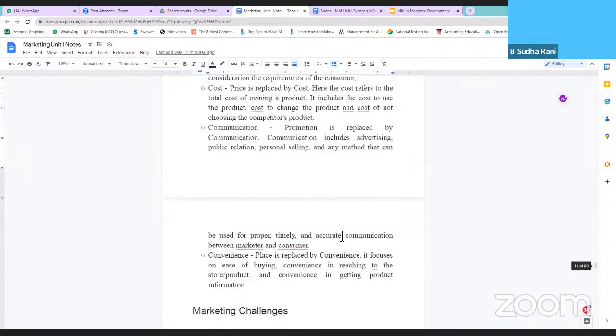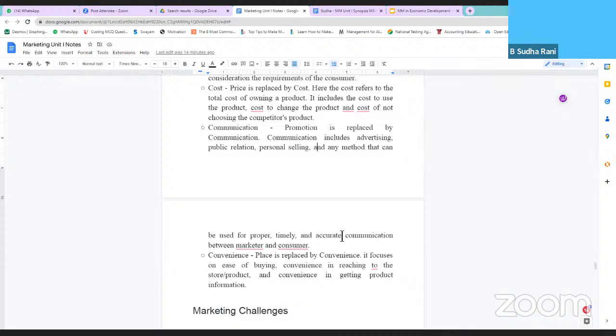They are giving priority. The next, communication, that is promotion. I said promotion means communicating. In those days, promotion was from the marketer's perspective, promoting his product to sell for his own profits.